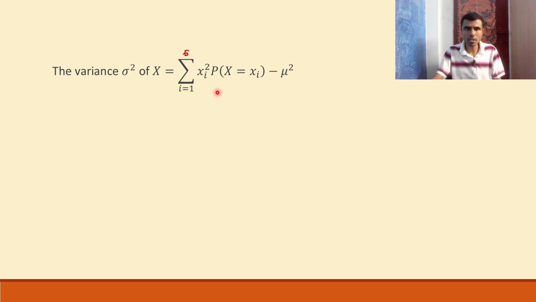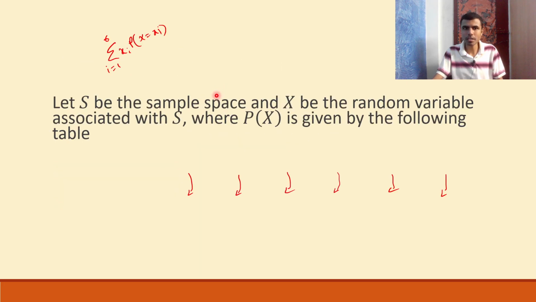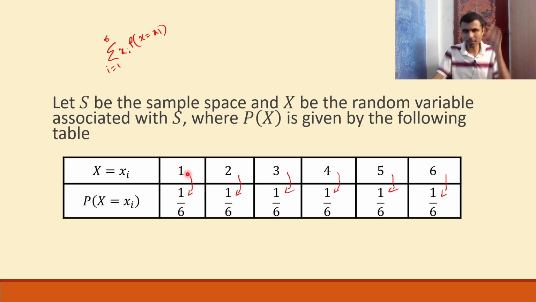That means what are the values for our capital X? Capital X can be 1 2 3 4 5 6, right? So my formula is sigma i runs from 1 to 6 of X_i square into P of X equal to X_i. These are my X_i's, 1 2 3 4 5 6.